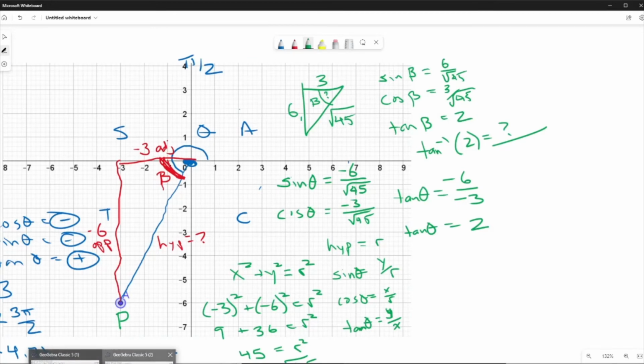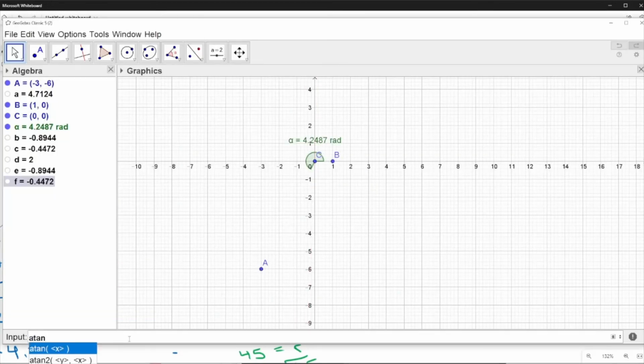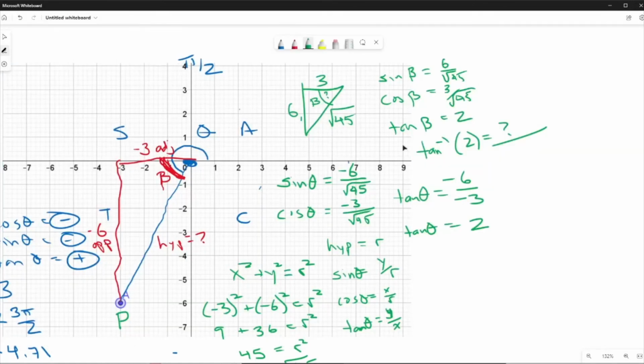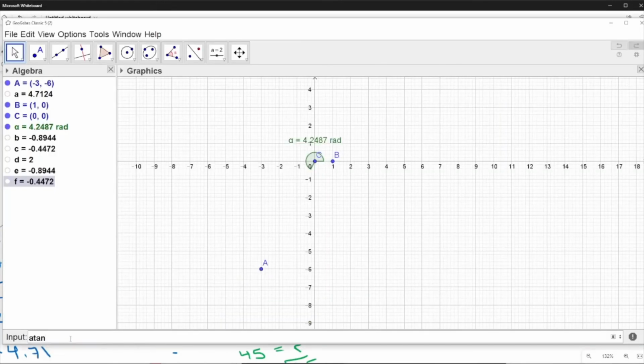Now my calculator, because I'm working with GeoGebra, is ATAN, arctan. Your calculator button is probably a little tan with a -1 in the superscript. If I do arctan of 2, it tells me that the angle I was looking for was 1.1071.